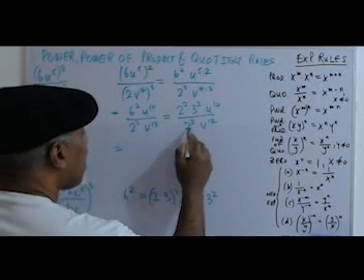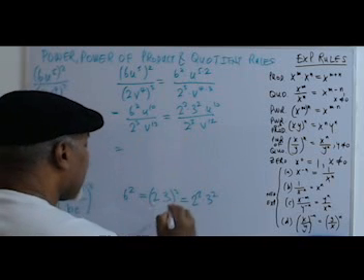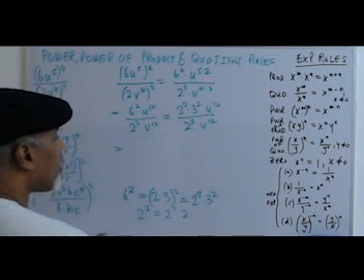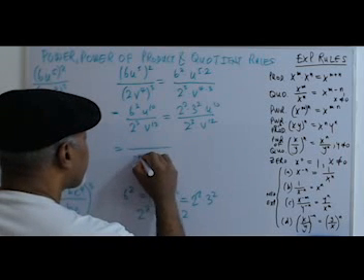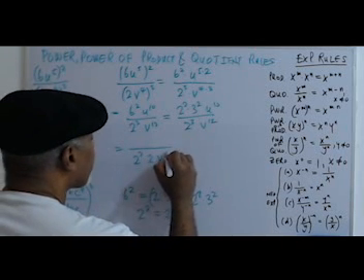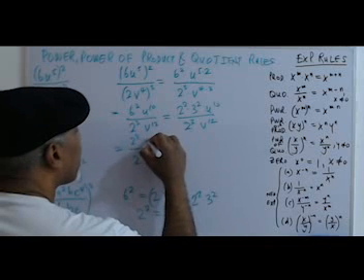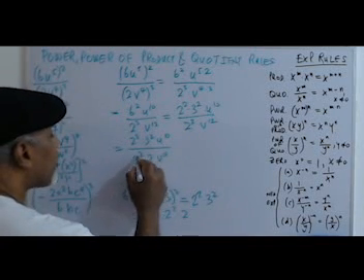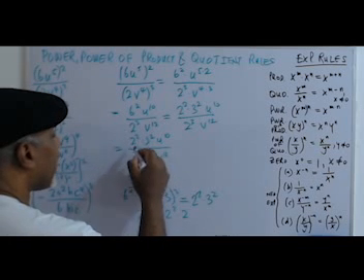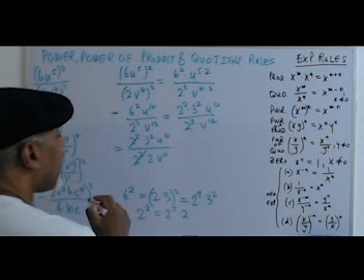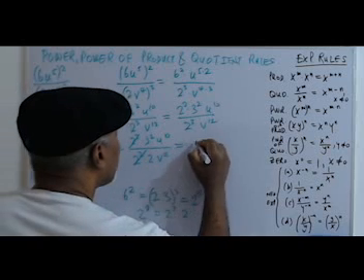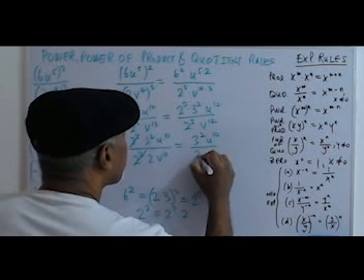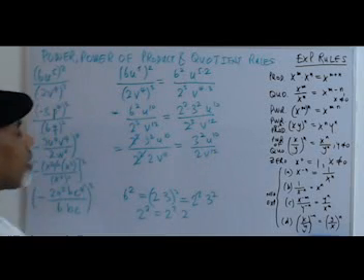Now, this 2 cubed can be rewritten as 2 squared times 2. So let's do that. Now, 2 squared and 2 squared can be canceled. And what's left? 3 squared u to the 10th over 2v to the 12th.